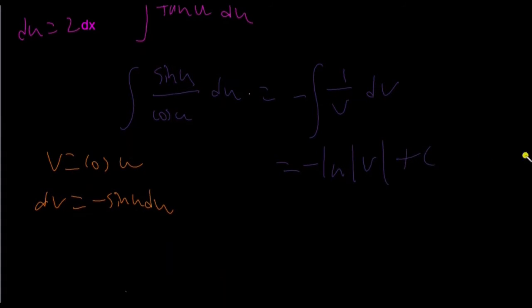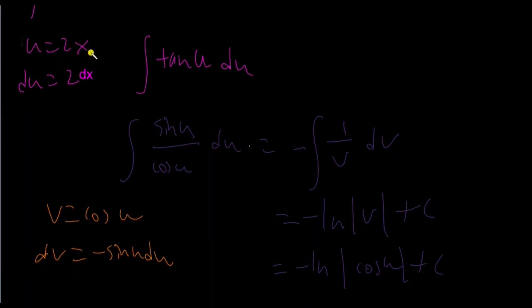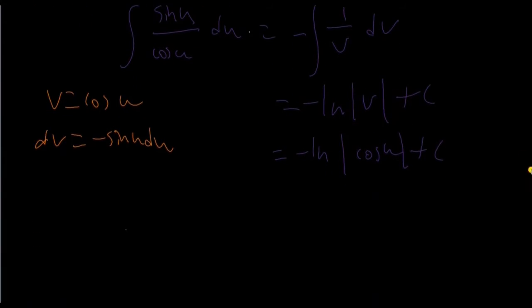And then remember, v is just cosine of u, so this is the negative natural log of the cosine of u plus c. And then u, what is u? Well, look up here, u is 2x. So this whole thing is the negative natural log of the cosine of 2x plus c.